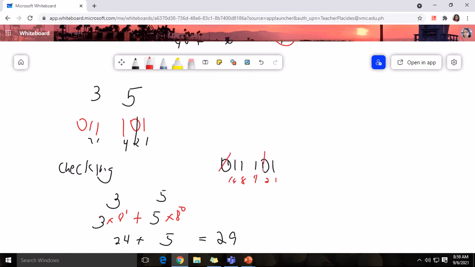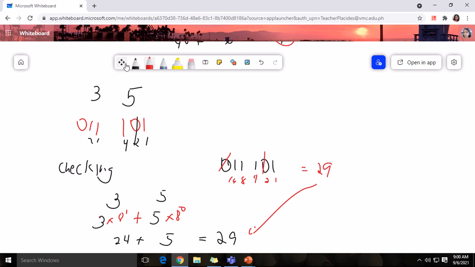Since there is no value, 16 plus 8 plus 4 plus 1 is equal to 29. So that's it. They are the same. The checking number is the same. So that's all for the octal.